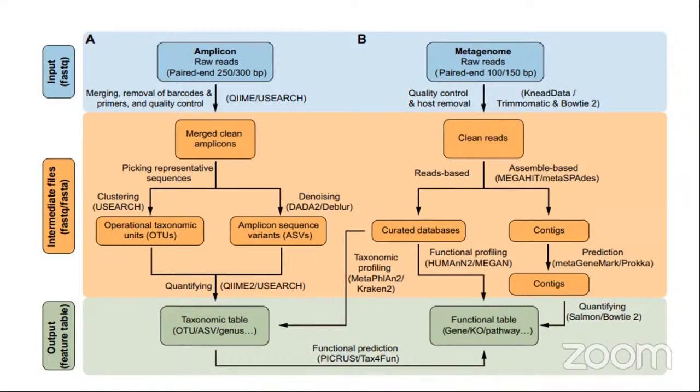Once you remove the barcodes and primers and go for quality control, there are several software packages available like QIIME and USEARCH, and ultimately you can go for merged clean amplicons. Then you can either go for an amplicon sequence variant to know which variants are present in the variable region of these 16S rRNA amplicons, or you can go for an operational taxonomic unit.